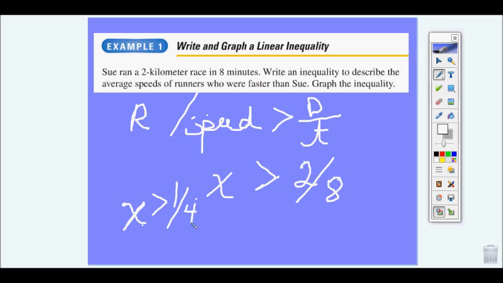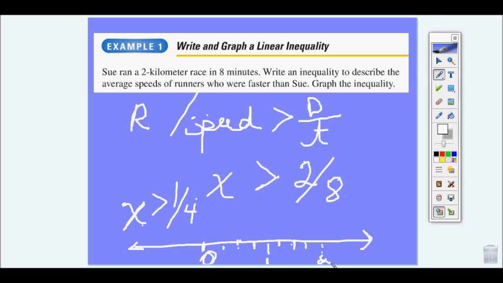To draw that on a number line, and this is what I will ask you to do in class as well, I'd like to see where the 0 point is. Our answer is in the positives, and it's going to be greater than that. So I'm going to put my 0 down here. I'll mark tick marks for every fourth: 1/4, 2/4, 3/4. You don't have to be this exact.